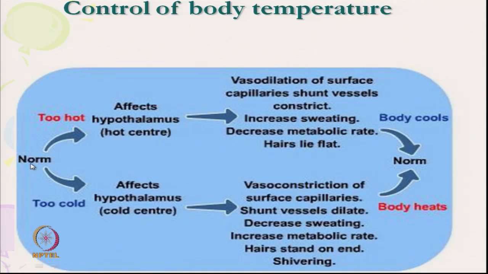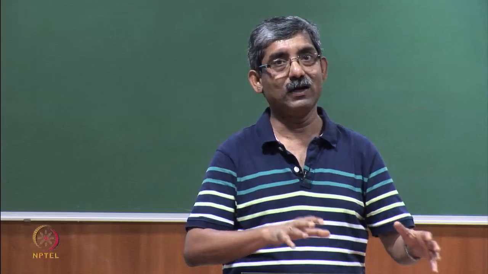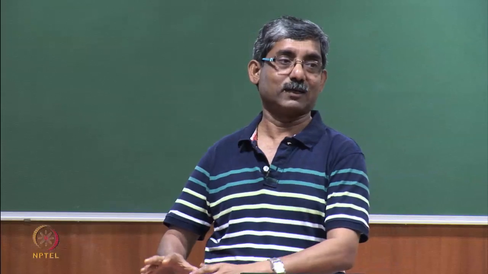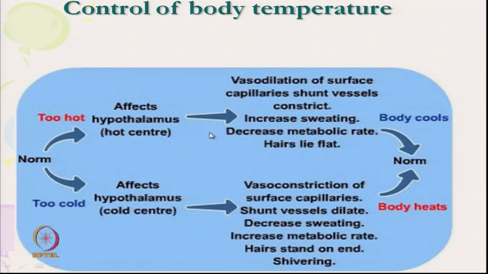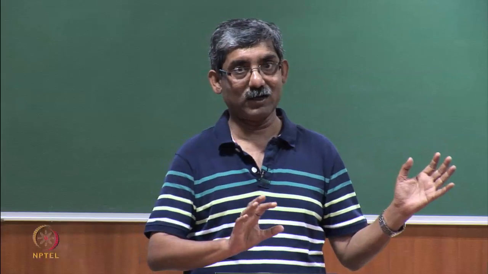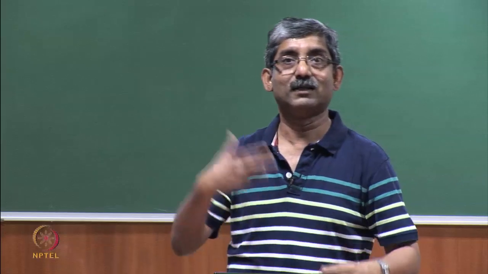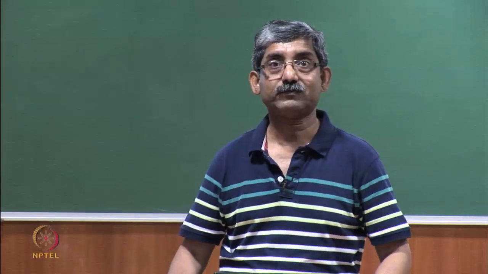So, first the sensor will sense and send the signal to the brain, the brain will get activated and it will start the physiological activities. So, the hypothalamus hot center, in extreme hot temperature, will give the signal to activate this physiological performance.